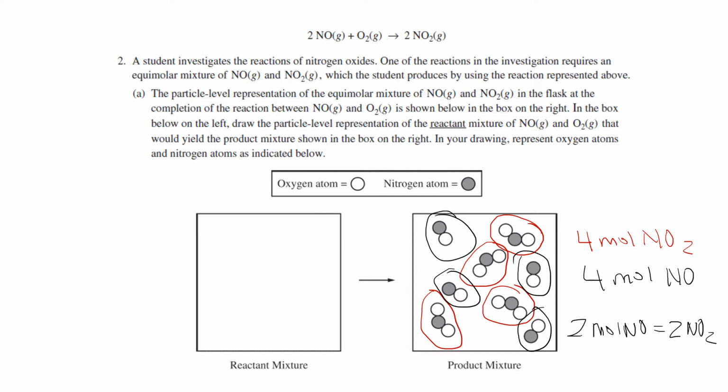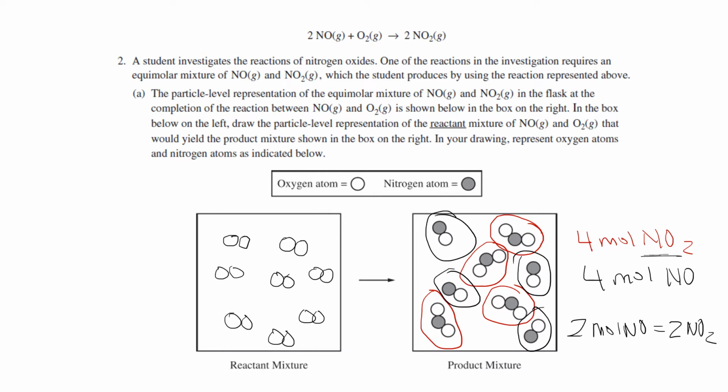So if I'm producing that many moles of nitrogen dioxide, I had at least 4 moles of nitrogen monoxide present, but I also have 4 moles left over, which means on this side, I'm going to have to draw 1, 2, 3, 4, 5, 6, 7, 8 moles of that.